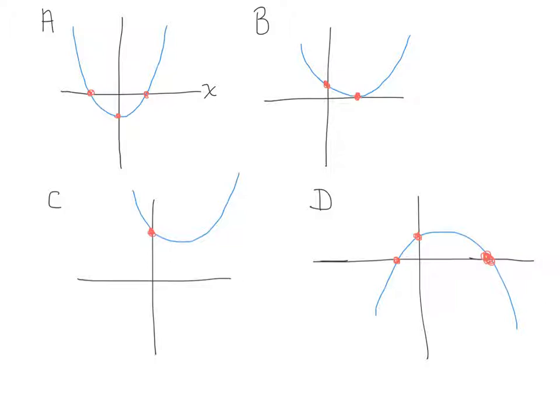On sketch B, what we see is a parabola that just barely comes down and touches the x-axis and then takes off again. What that means is we only have one root, and that would be the vertex and therefore the center line. And what that's saying is the center line of this parabola is going to be somewhere in here.